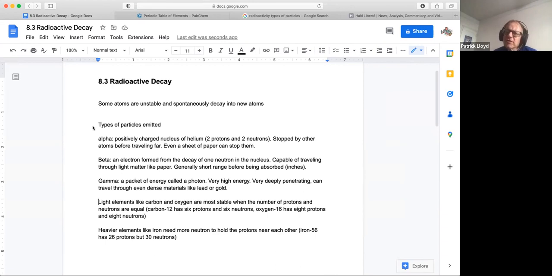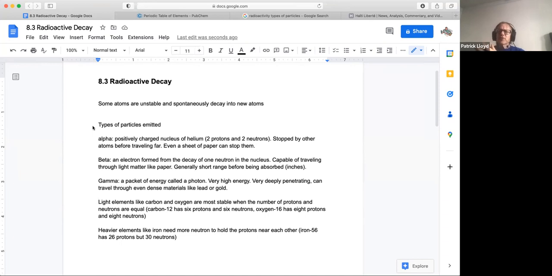So a lot of people were working on figuring out all of the different types of elements that are in nature. They wanted to fill out the periodic table completely. They wanted to see if there were any differences between atoms. And when they started applying a lot of the techniques that they had developed, what they found was that certain elements gave off very light particles that could fly through space across the room.